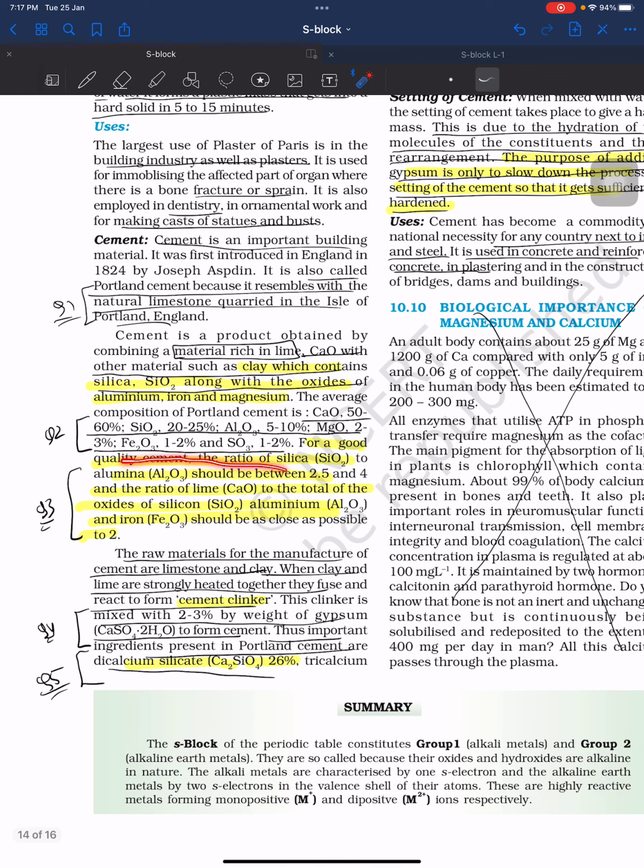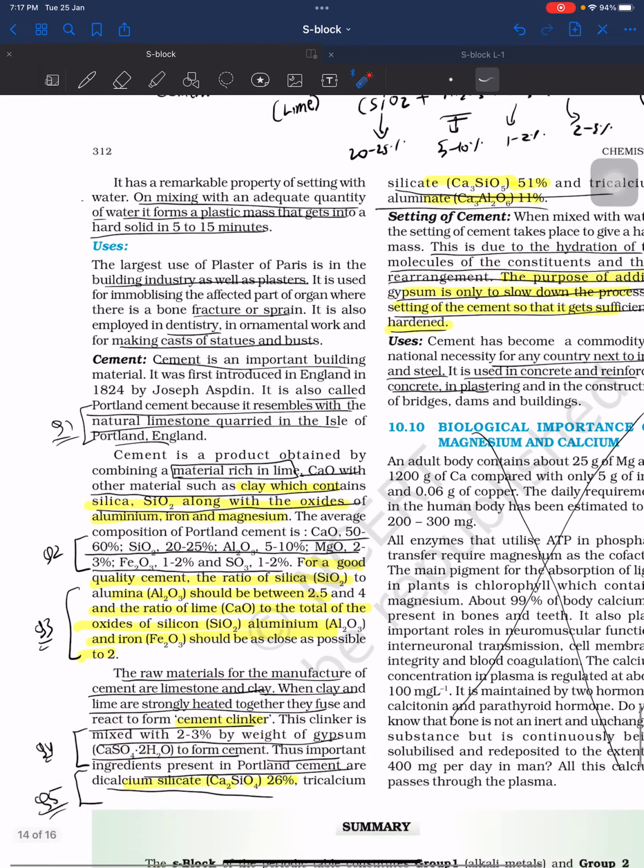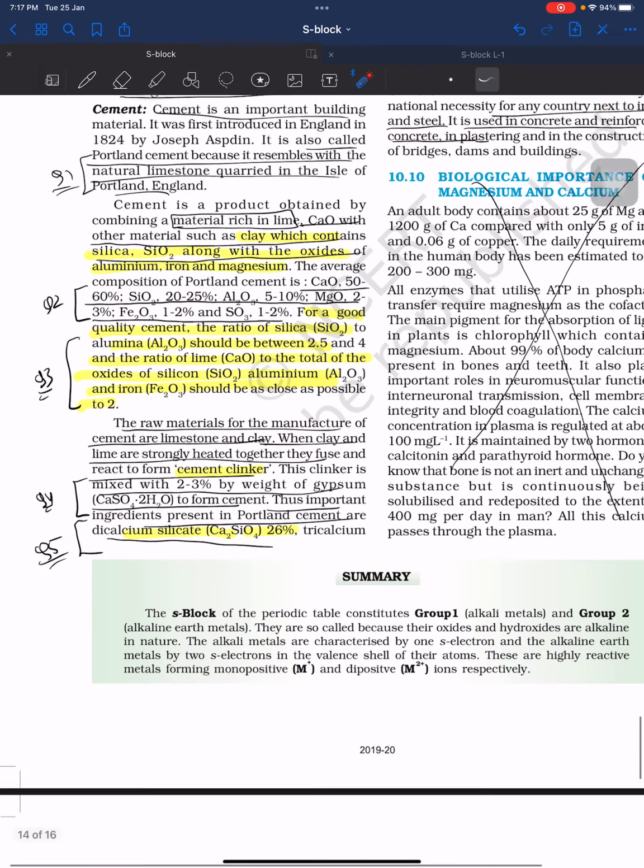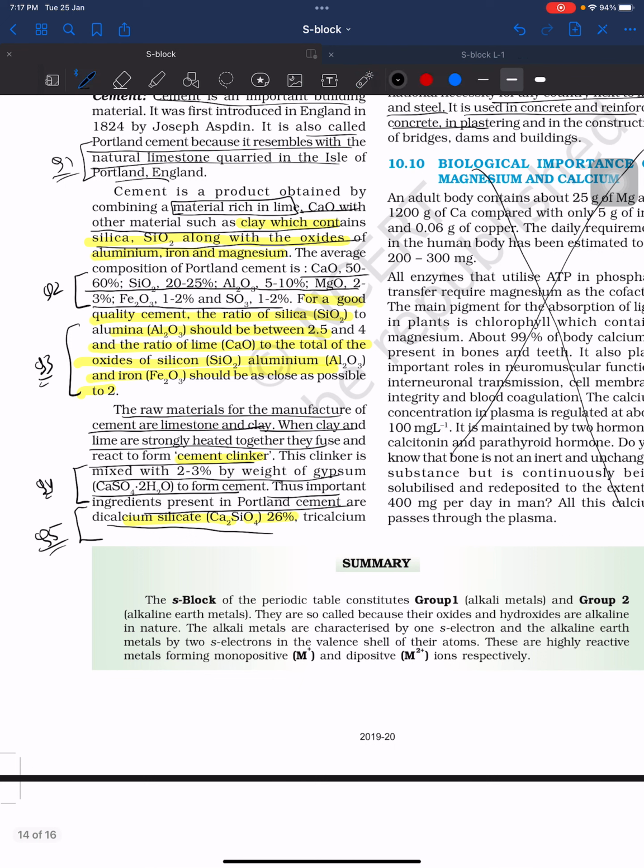So for a good quality cement, the ratio of silica to alumina should be between 2.5 to 4, and the ratio of calcium oxide to the total oxides of silicon, aluminium, and iron should be as close as possible to 2. So what is it telling basically? For a good cement, the ratio of the percentage of silica to alumina should be between 2.5 to 4.